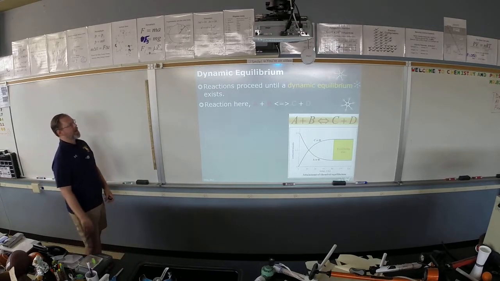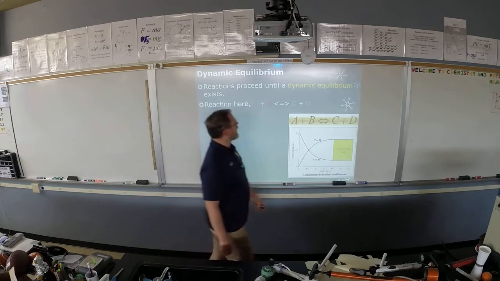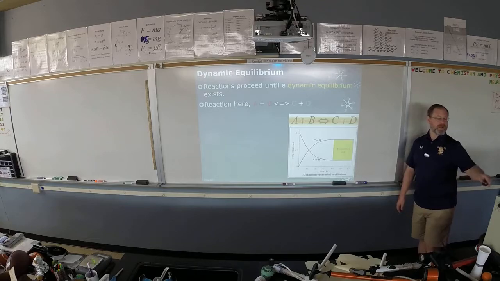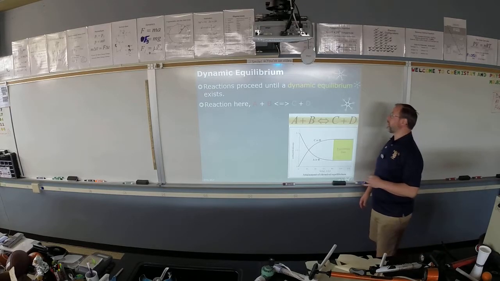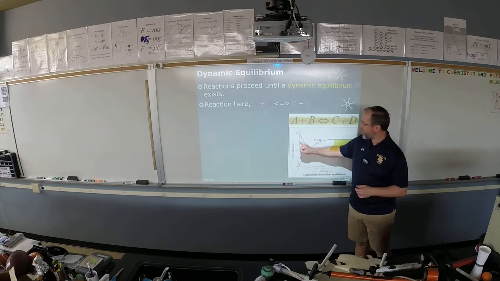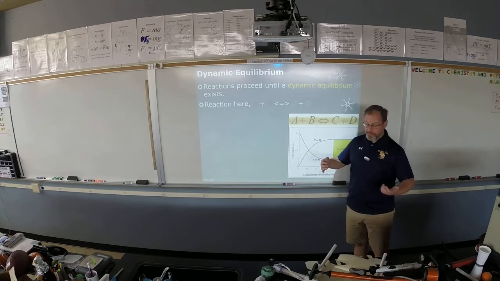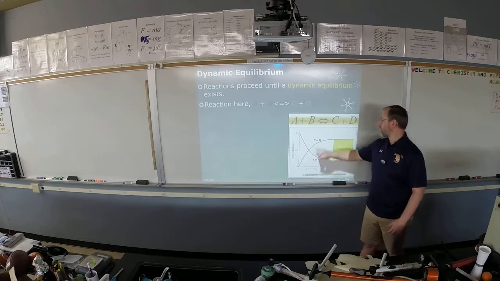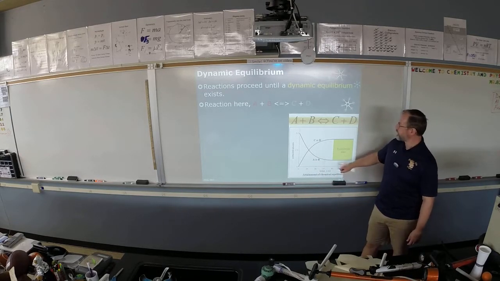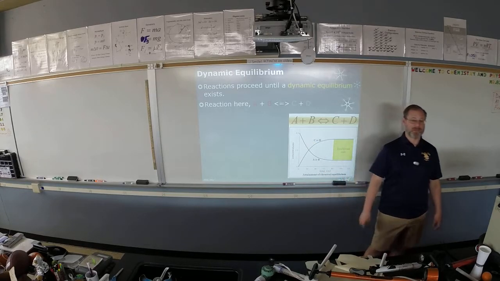So consider this mythical reaction that is A plus B yields C plus D, or A plus B in equilibrium with C plus D. This is a graph in real time of a reaction where the A and B are equal to C and D. Time is on the x-axis and concentration is on the y-axis.